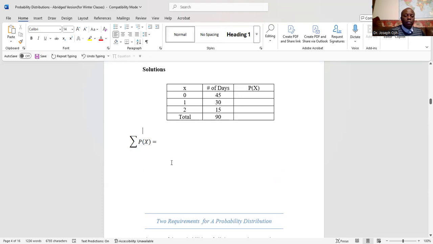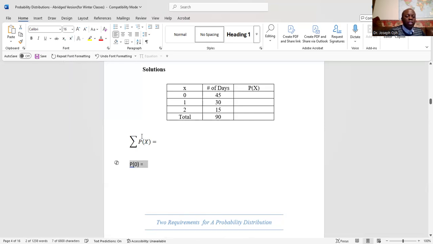Let's find P(X). For 0, we have P(0), that is the probability for 0. That means they didn't rent any chainsaw. On 45 days, they did not rent a chainsaw.